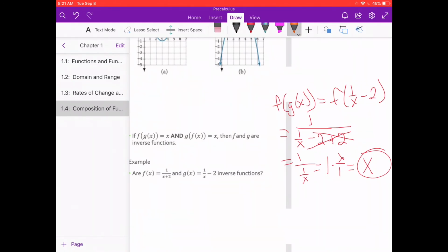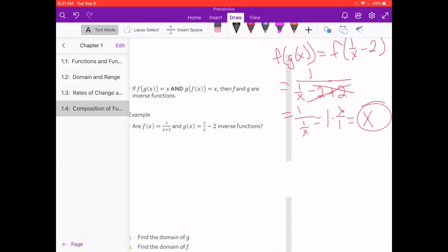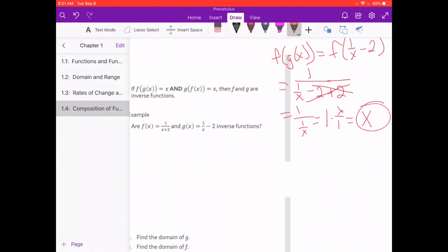Let's go the other way. So to find g of f of x, we're going to find g of 1 over x plus 2. So let's take the g function, so 1 over x plus 2 minus 2.